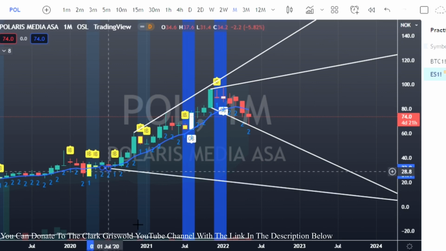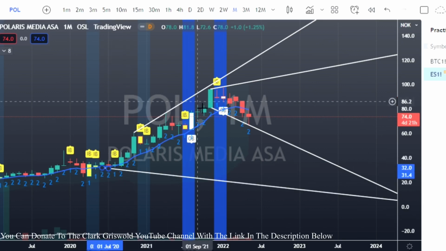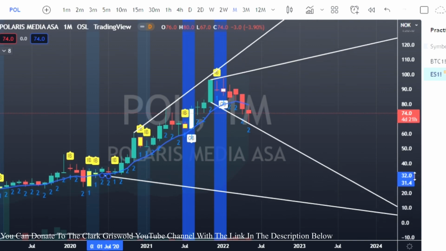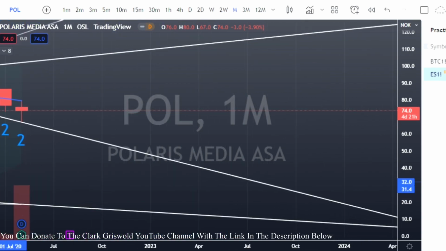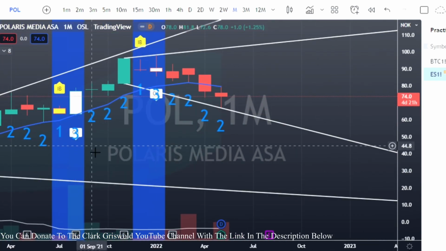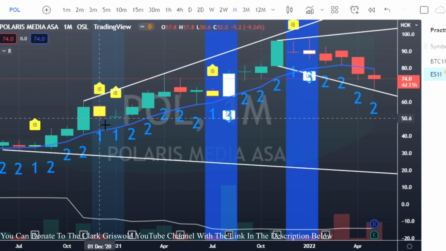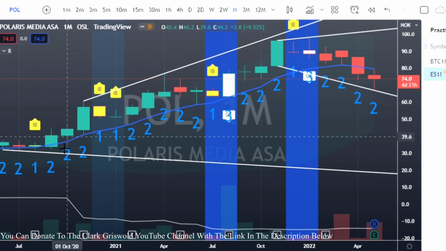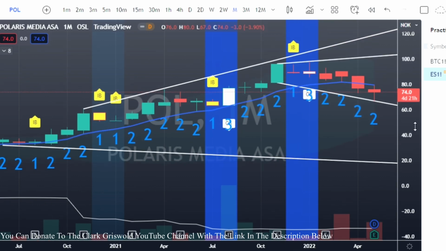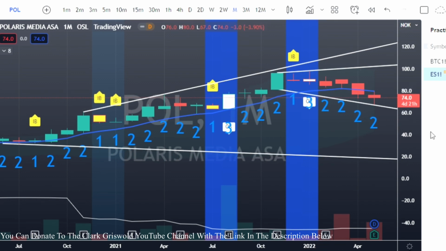From there to there, then you've got your lower lows to your higher highs. Let's zoom this out. And that's kind of what you got for POL. There's not a lot there. Okay, let's try one more.